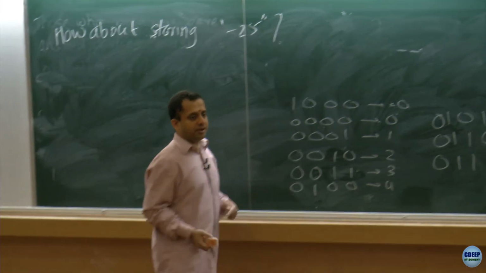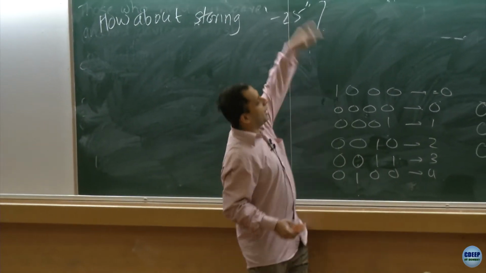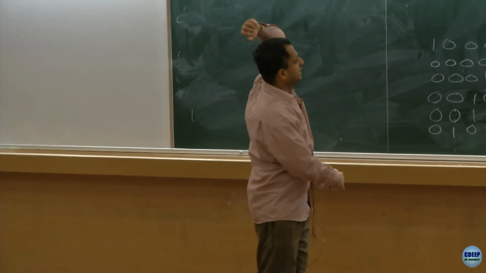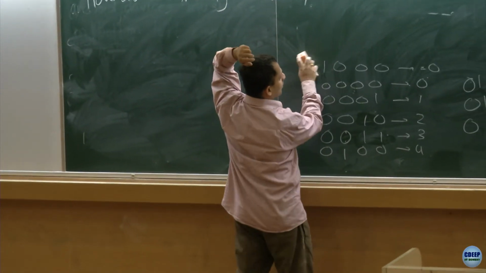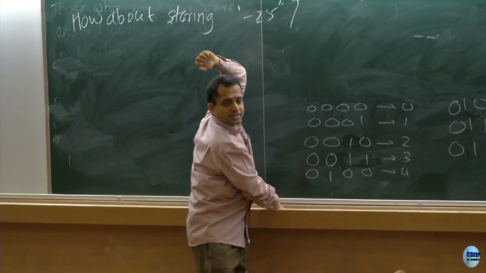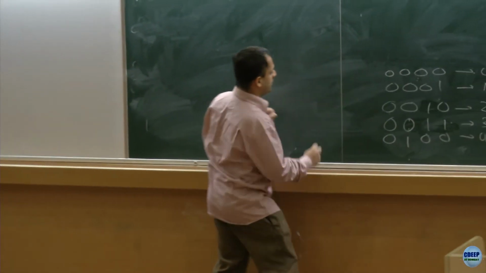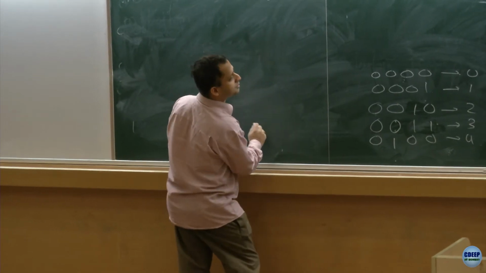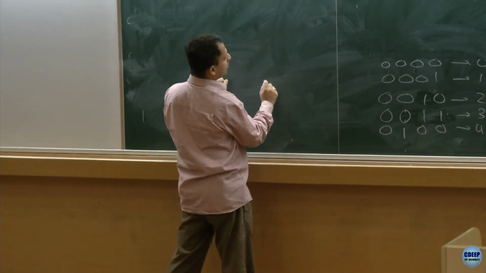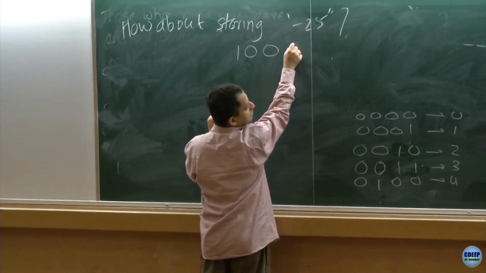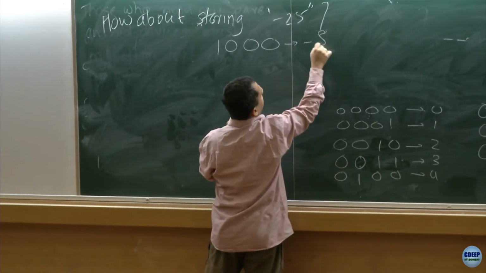Let's look at a slightly different representation. I will push this guy up, promote him, or demote, depending on what your goal in life is. So what I'll do with 1 0 0 0 is put it as minus 8.